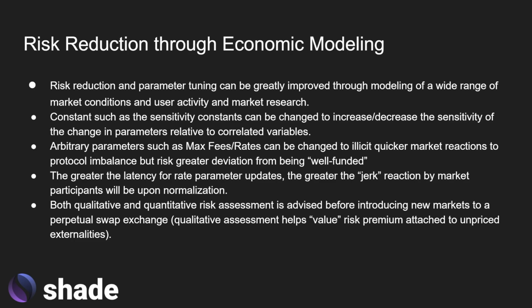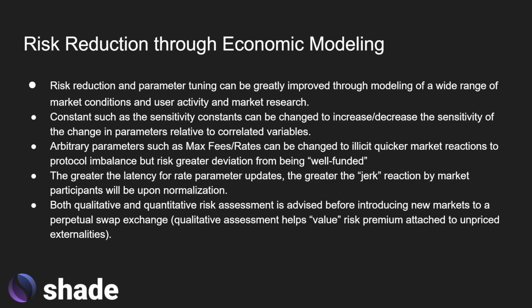Some people listening right now or afterwards might remember this, but a good example of this would be how the Silk peg, Silk being the private stablecoin built by Shade Protocol, how the Silk peg price adjusts to change, or to the staleness of that peg price data.